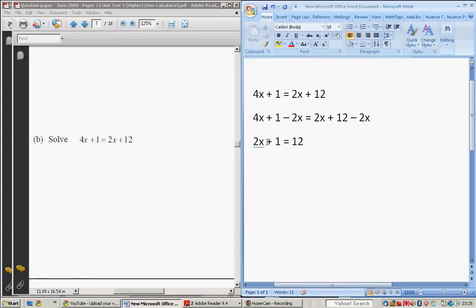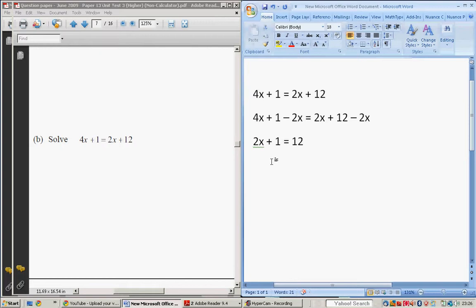We want just the x's on one side and all the numbers on the other, so we want to remove this 1. Our strategy for doing that, while keeping everything balanced, while keeping everything equal, is to do the inverse again. So the inverse of plus 1 is minus 1.